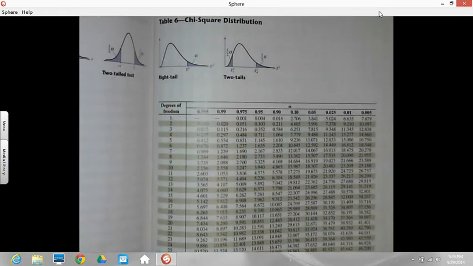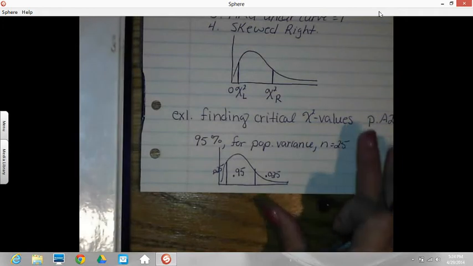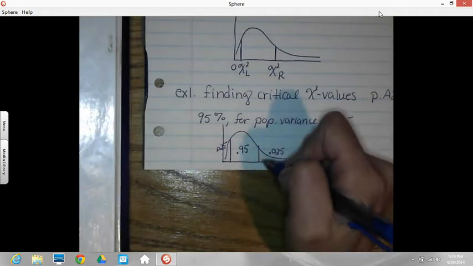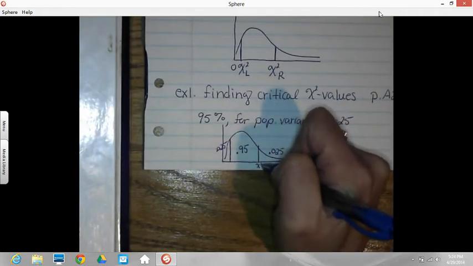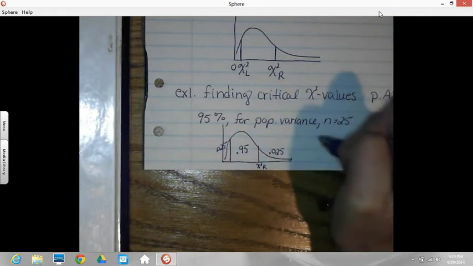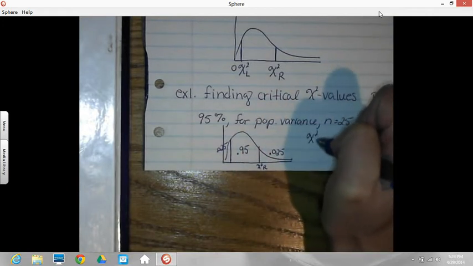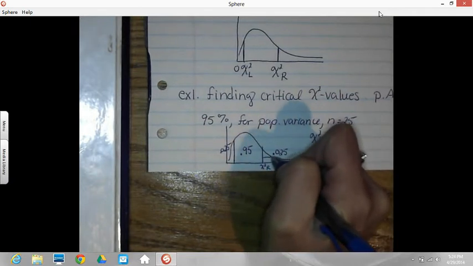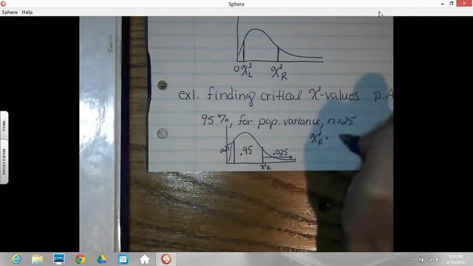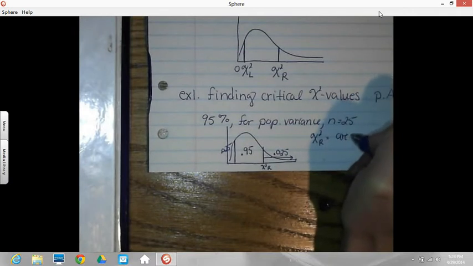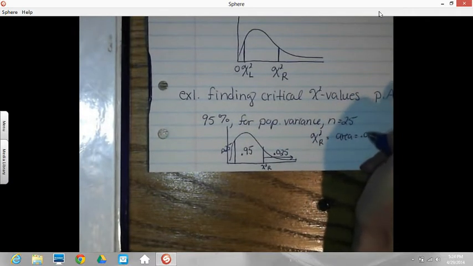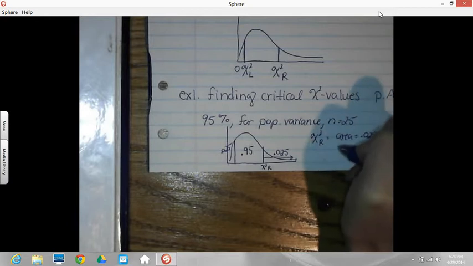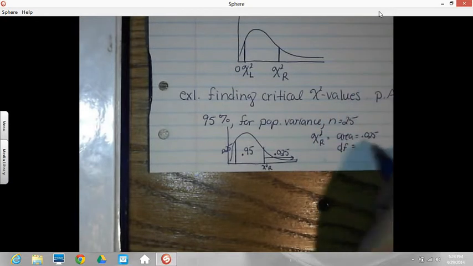So when I look back at my graph, if I want the chi-squared right value, I would look up the area to the right, which is 0.025, and my degrees of freedom, one less than the sample size, 24.